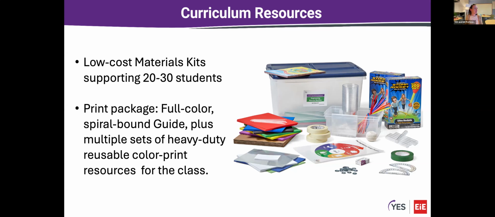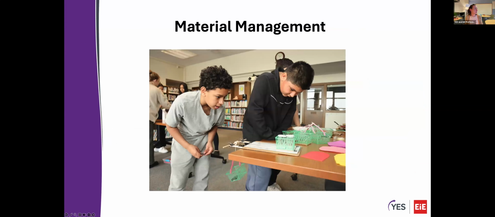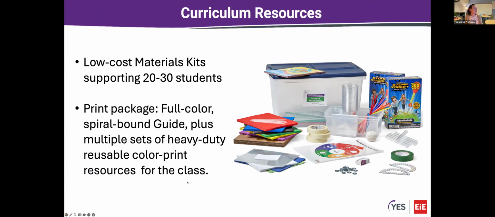We also have a print package that is sold separately, and that would give you a printed version of the teacher guide, but it also gives you multiple sets of heavy duty things that you could reuse, like the vocabulary cards, which you can use from year to year.